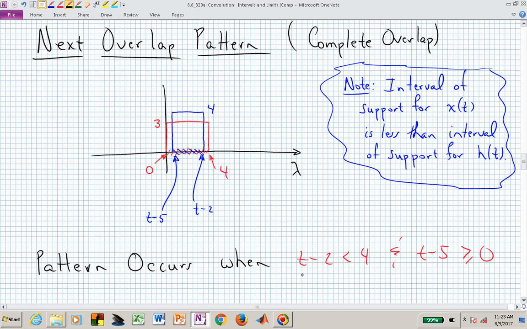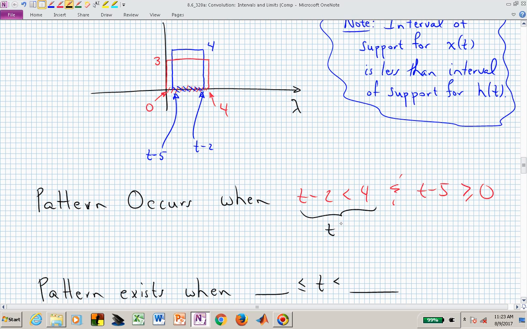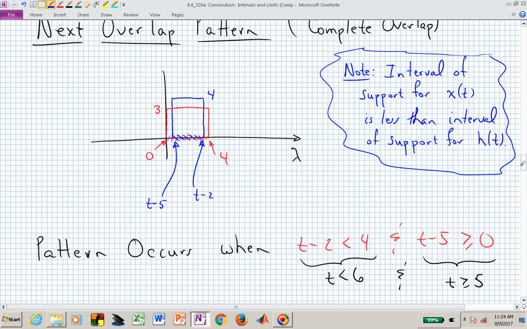If I solve these for t, or add 2 to both sides of the first one, I have t less than 6, and I have t greater than or equal to 5. I've done those in reverse, but now t needs to be bigger than or equal to 5, and it needs to be less than 6, and that's the intersection of these to establish this unique overlap pattern. And this is actually a complete overlap of the two waveforms.